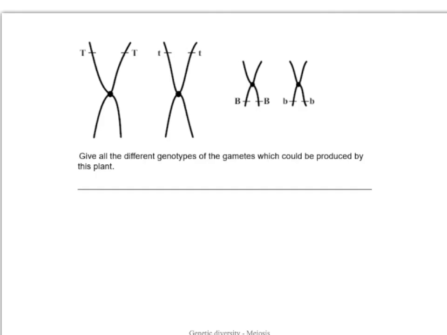So now we're going to look at two trickier application questions. So we just have a quick think about this first. Now, without crossing over, you can see how gametes, remember, are haploid, so you have one copy of each chromosome.